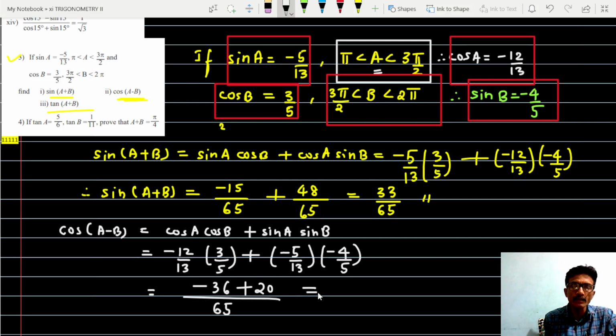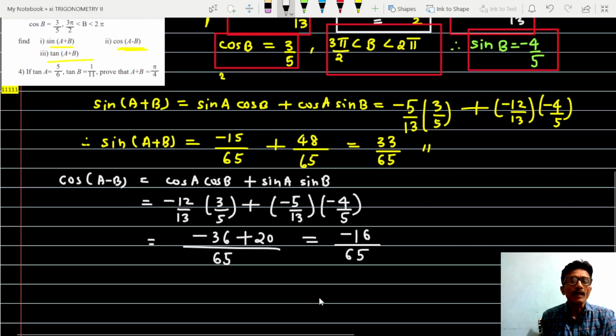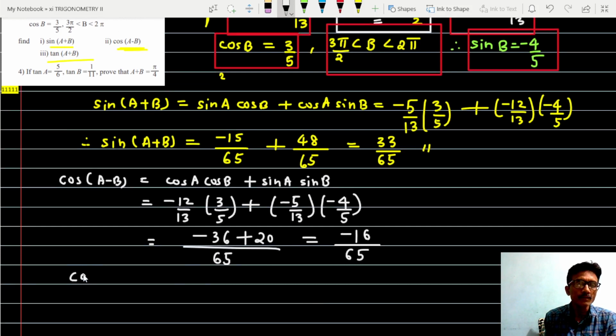So you are getting the answer, minus 16 upon 65. So cos of A minus B is equal to minus 16 upon 65.